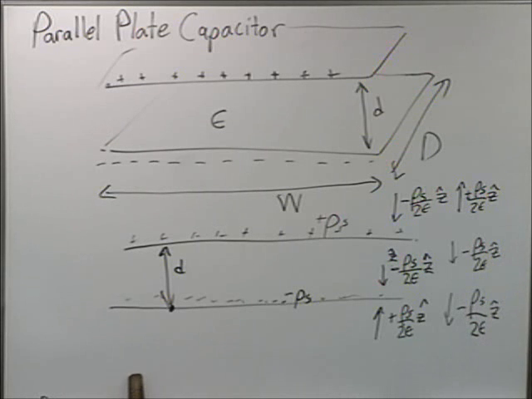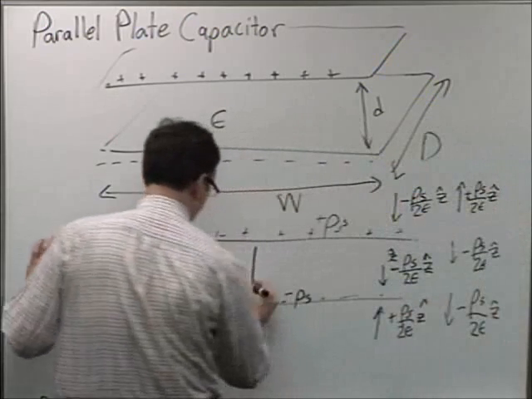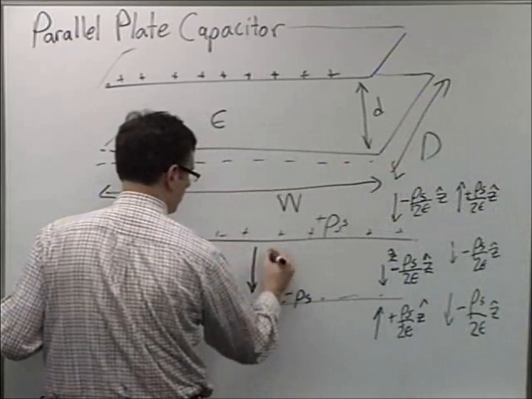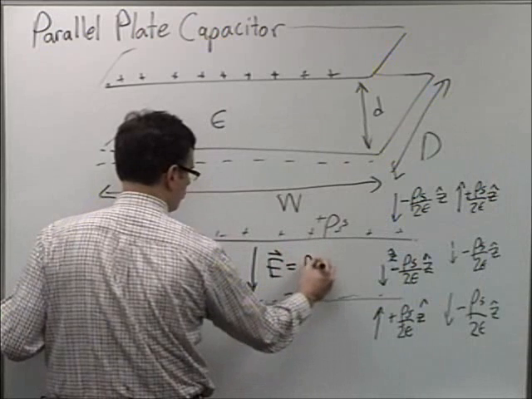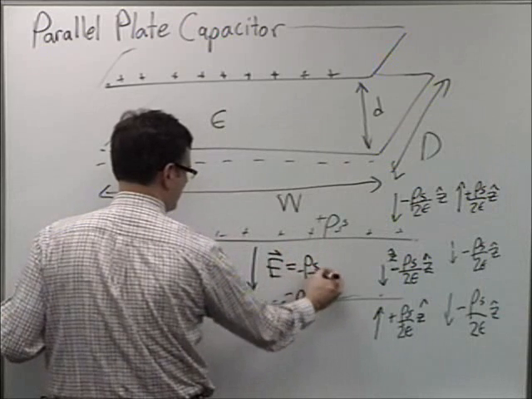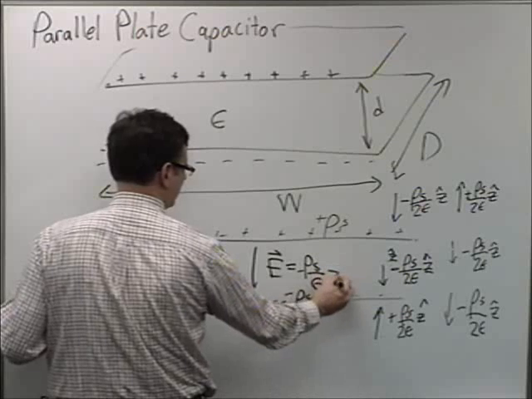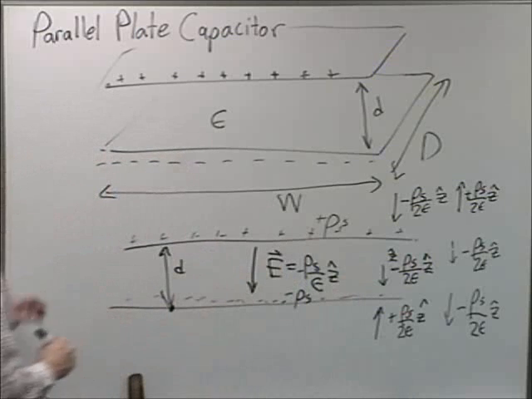So I really have 3 distinct regions here. And notice that in 2 of them, my total field is 0. This is the only place where the polarities actually align such that you get a total field of minus rho sub s over epsilon in the z hat direction, the minus z hat direction. Does everybody understand how I got there?